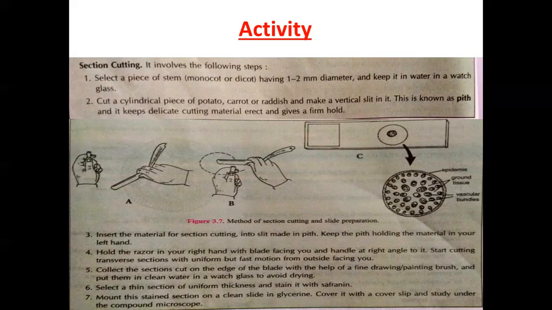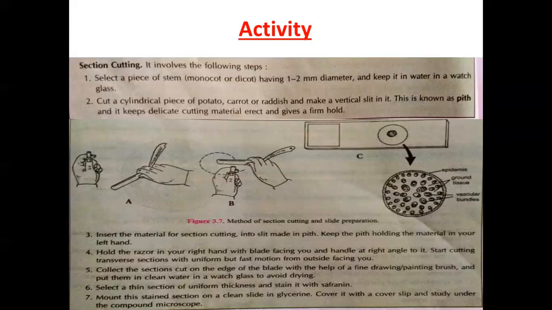This is known as pith, and it keeps the delicate cutting material erect and gives it a firm hold. Next, insert the material for section cutting into the slit made in the pith. Keep the pith holding the material in your left hand.